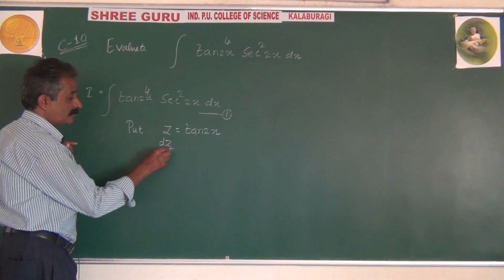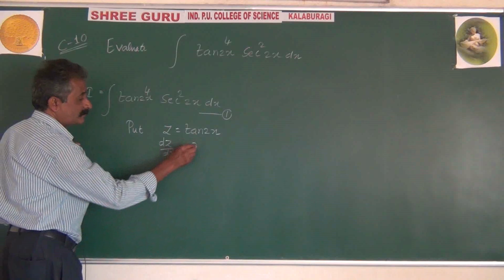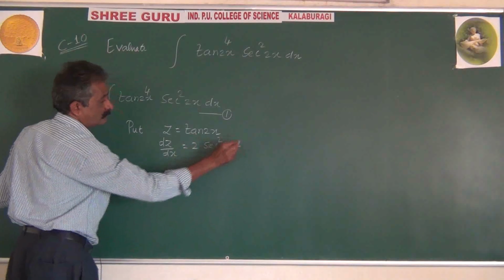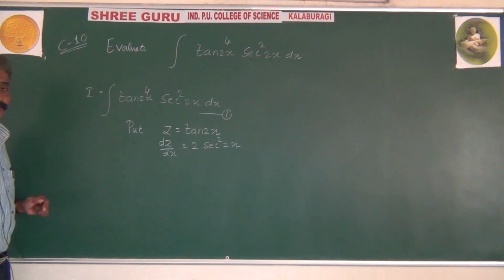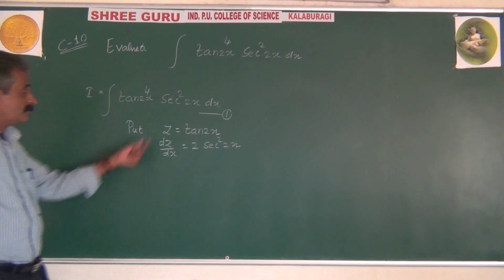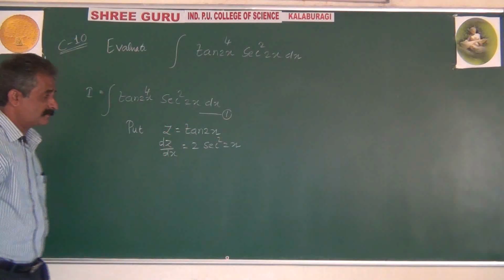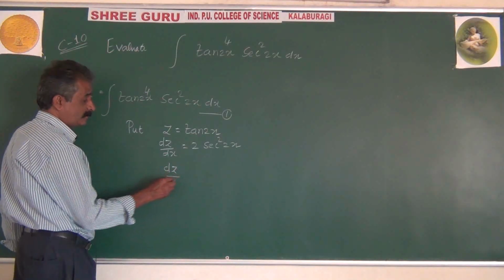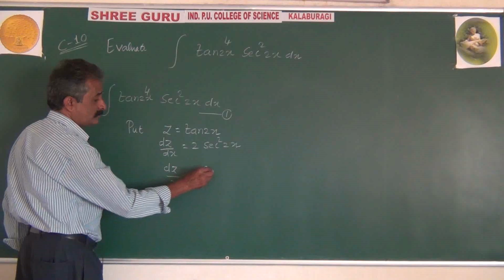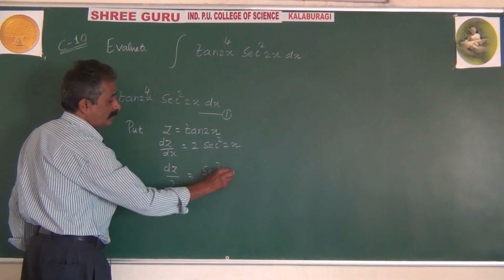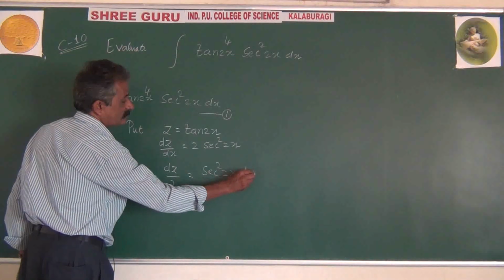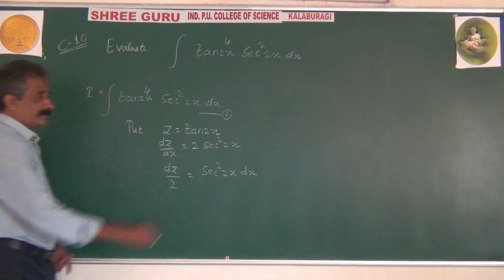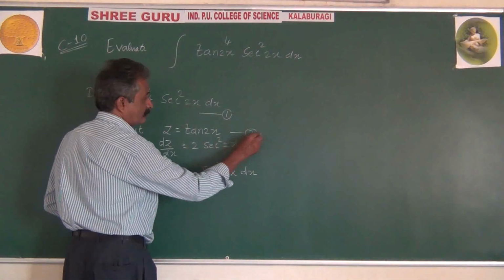On differentiating with respect to x, the differentiation of tan 2x is 2 secant square 2x. But our problem is having only secant square 2x. So in that view, now we can write dz by 2 equal to secant square 2x dx.